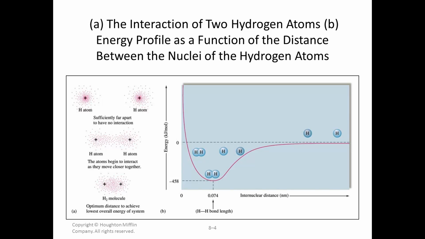When we look at the interaction of two hydrogen atoms, we no longer have that formation of ions. When we have two of the same atoms bonded together, there is some interatomic distance where the energy of the aggregate sharing electrons between those two centers of positive charge is minimum.